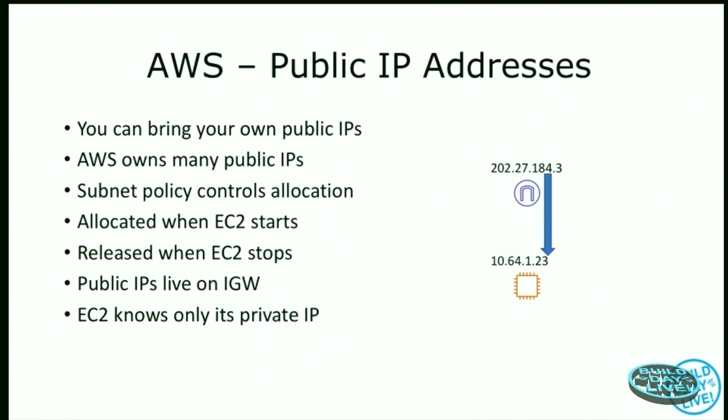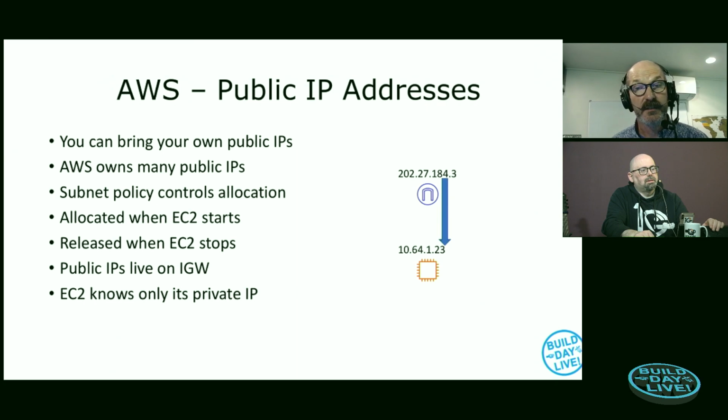Okay. When we have a public subnet, there is a policy tick box on that subnet to say, when I start an EC2 instance in the subnet, allocate a public IP address for it and have the NAT gateway do the translation between the public address and the private address. So the EC2 instance itself only knows the IP address on that subnet that you defined. But we can have a public IP address that lives on the internet gateway and have that natted in.